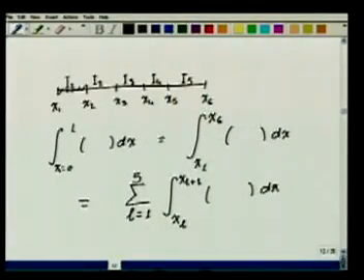This kind of partitioning of the integral, we are going to apply to the expression that we have derived. So what do we get?